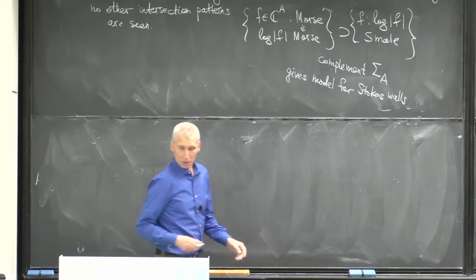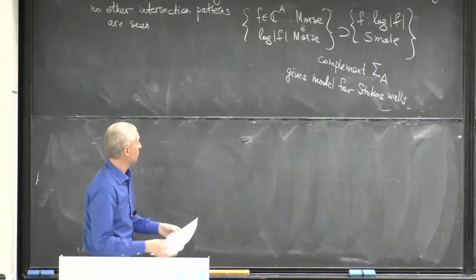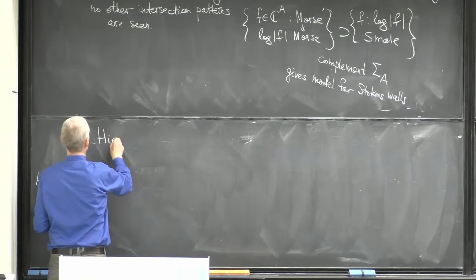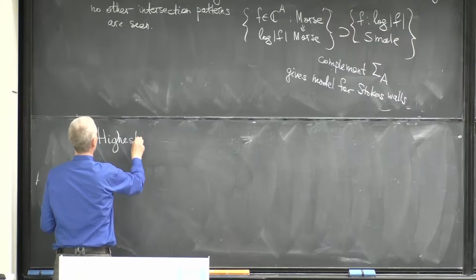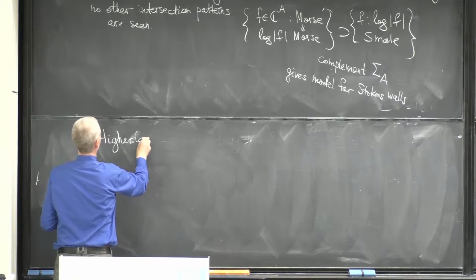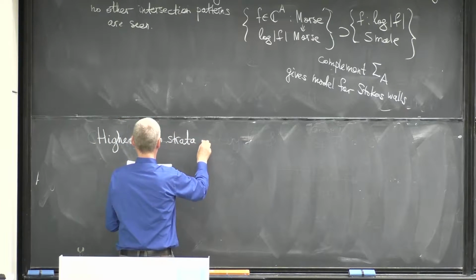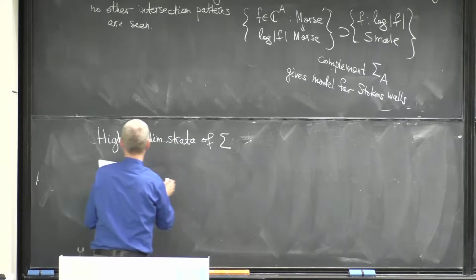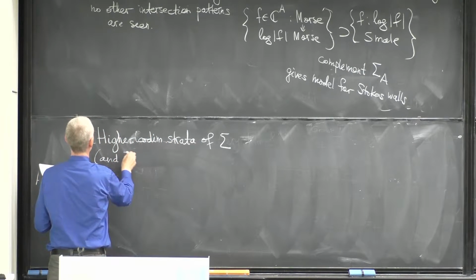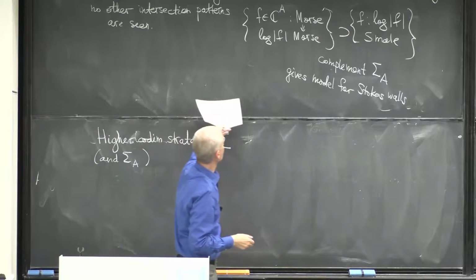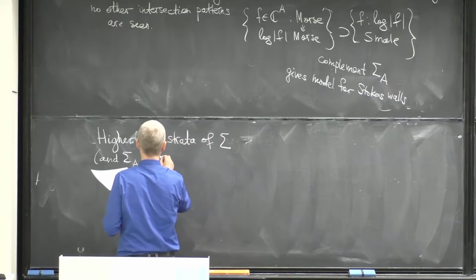So it means that higher codimension strata, so why did I start talking about this? Higher codimension strata of sigma and of sigma A will give higher syzygies among elementary matrices.